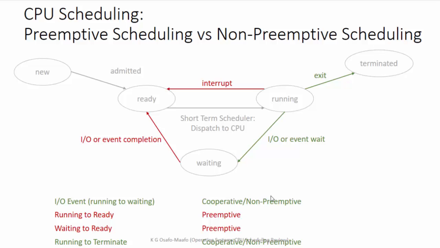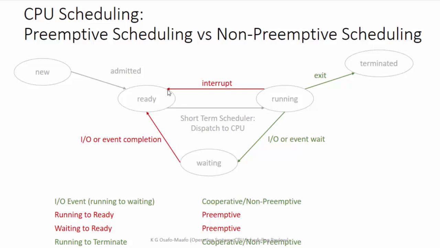Sometimes when a process is doing something, it just voluntarily gives up the CPU. If it exits, it's giving it up voluntarily, and if it asks for IO and the IO is not ready, it's more or less agreeing to give it up, right? But there are other times when it doesn't have any say in what's happening, and that is when an interrupt occurs.